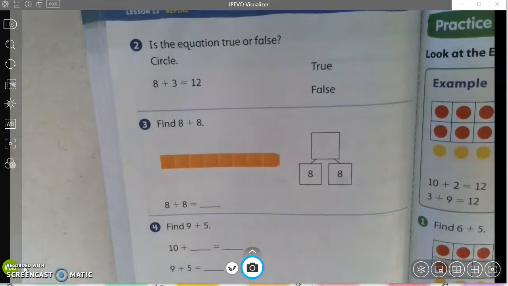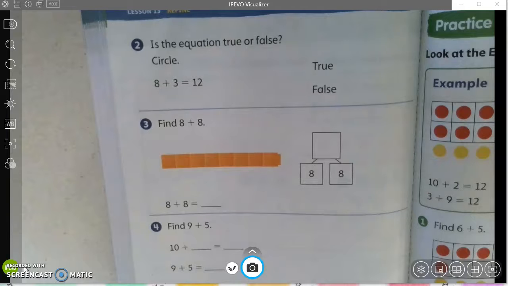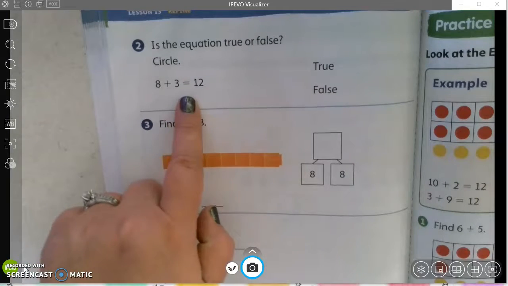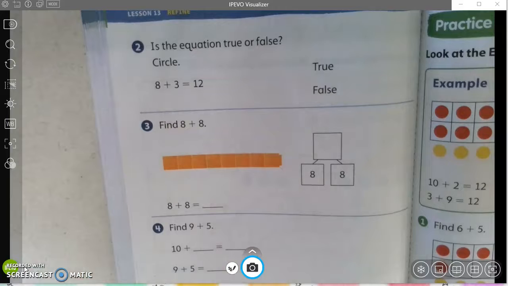Is the equation true or false? So what that means is when it's asking you if an equation is true or false, does 8 plus 3 really equal 12? Yes or no? It sure does.